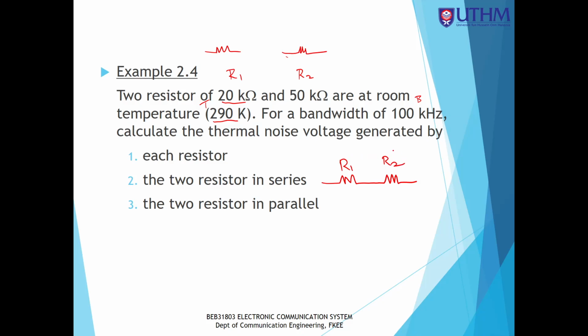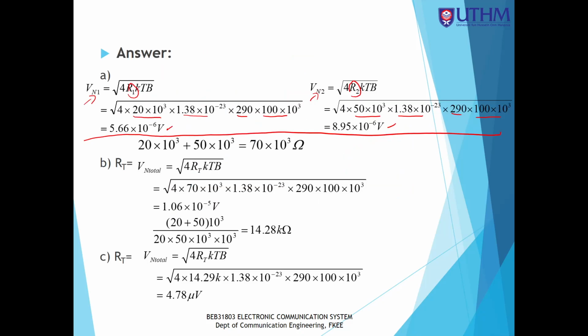In this case, you need to find the total resistance, which is R1 plus R2. The total resistance connected in series is 20 kilo ohm plus 50 kilo ohm, so you get 70 kilo ohm.